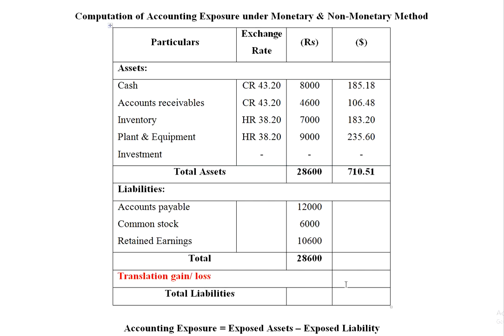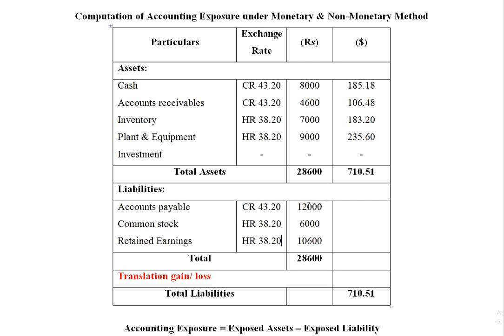I want this to be here as well. So this one, accounts payable is CR, 43.20. Common stock is HR, that is 38.20, and HR 38.20.